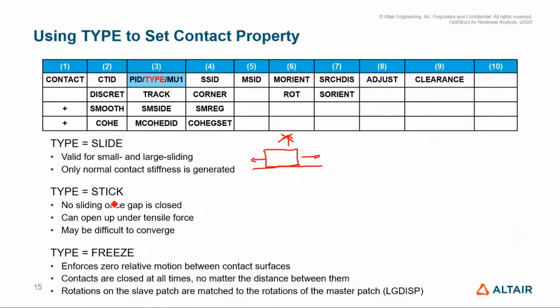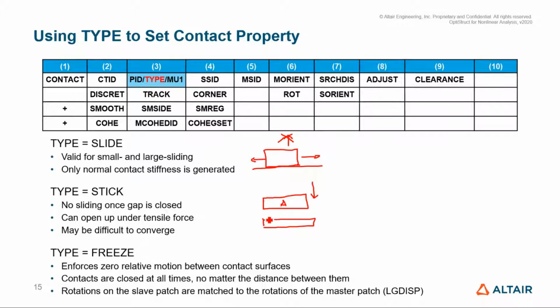Then we have sticking. Sticking means that your part may be separated at first, but during the simulation, there is a force that pushes this block A down onto the surface. And as it touches, if your contact is sticking, that means it will build contact between them.